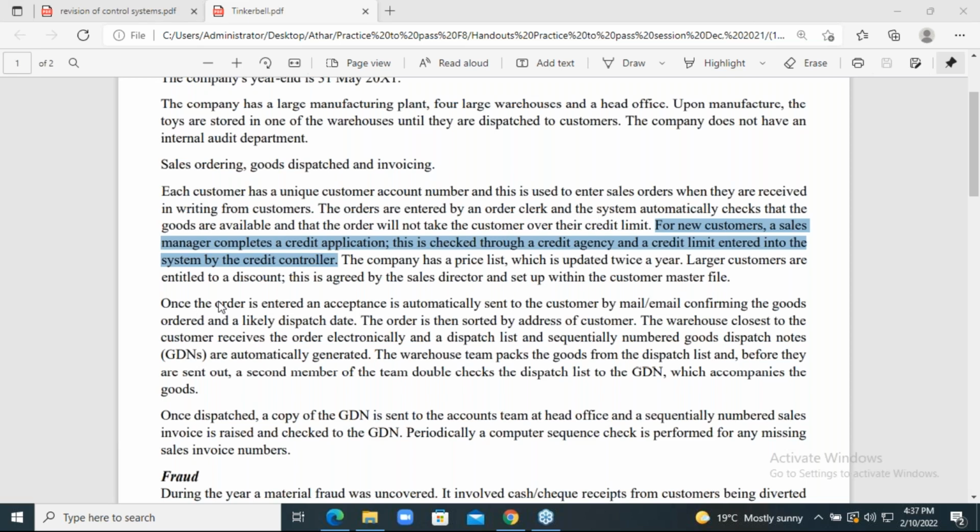Now, these types of control systems can be checked against different sorts of test of control, and forward or backward test of controls can be applied, either starting from the first process or starting from the last process. You can go the other way. These are some of the ways through which you can apply test of controls.